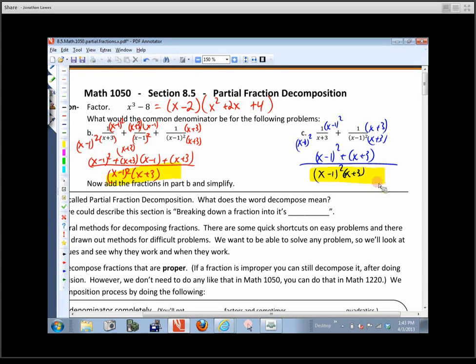Look at them. Now what I want you to look at is the original problem. That had a denominator of x plus 3. That had a denominator of x minus 1. And this had a denominator of x minus 1 quantity squared. How many terms was I adding together here? 3. How many terms was I adding together here? Just 2.